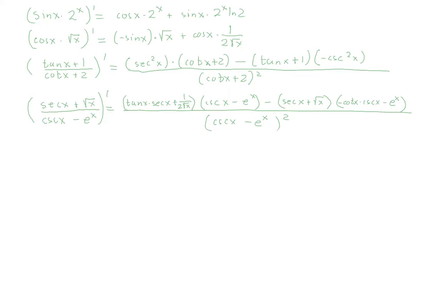Okay, let's try to do a couple more convoluted examples of this. So let's combine now quotient rule and product rule.